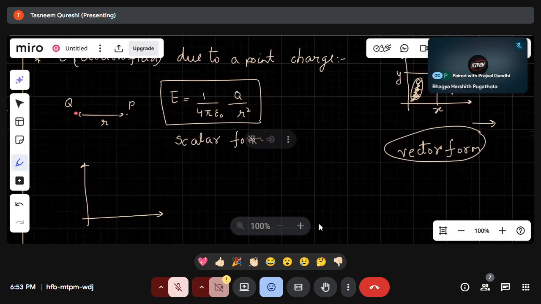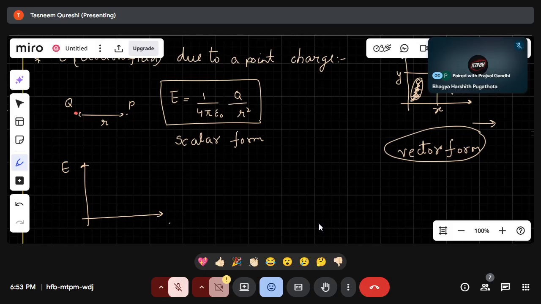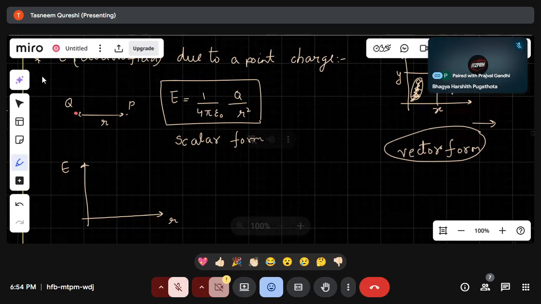Okay. So if I plot the graph, this is your electric field, this is your distance. If you are very close to the charge, this R is less, right? This R will be less when you are close to the charge, meaning the denominator is very less, meaning the value of E is more.